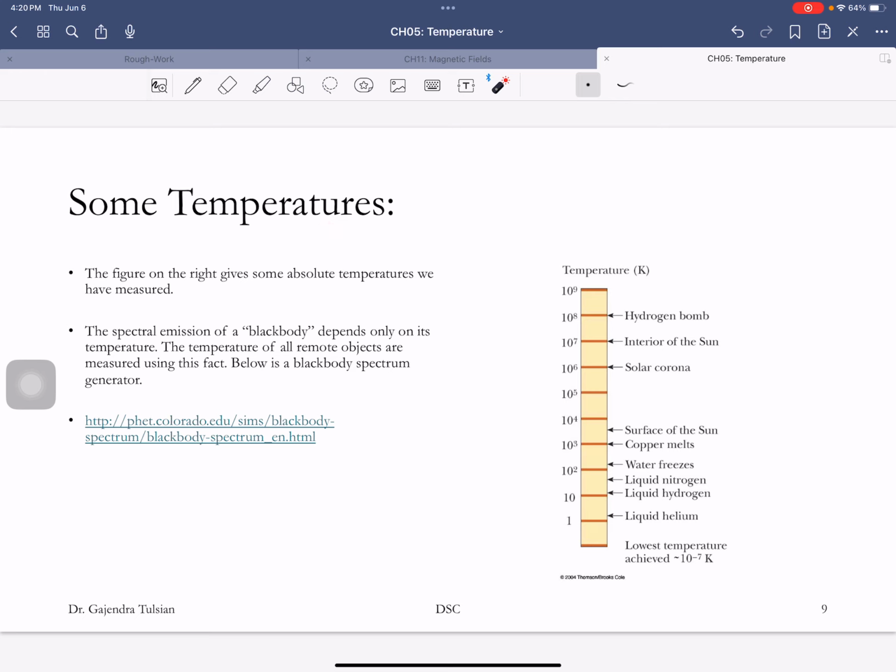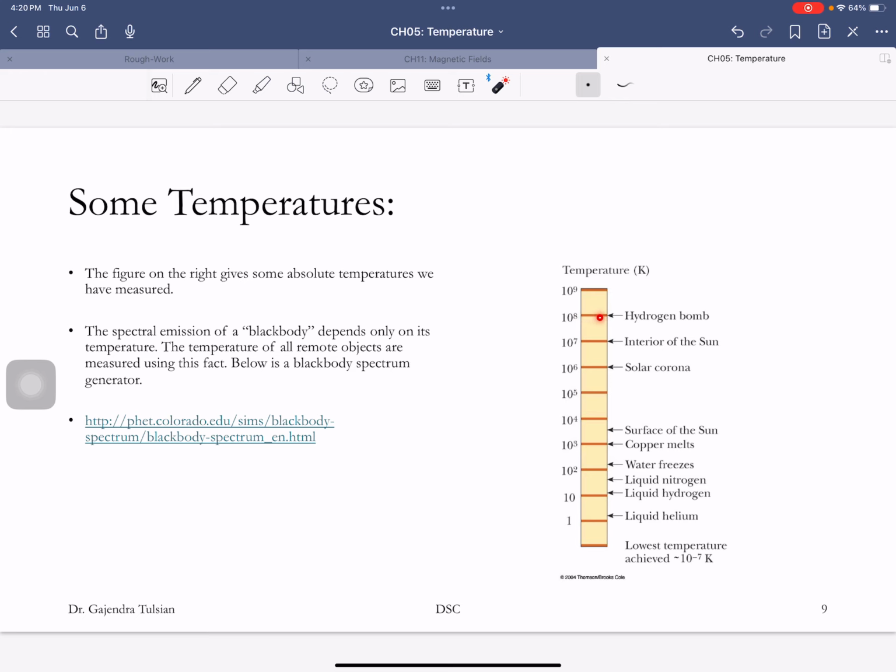Here are some temperatures we measured. At the center of a hydrogen bomb explosion, the temperature is 100 million degrees Kelvin. The solar corona is 1,000,000 degrees Kelvin. The surface of the sun is about 6,000 Kelvin. Okay.